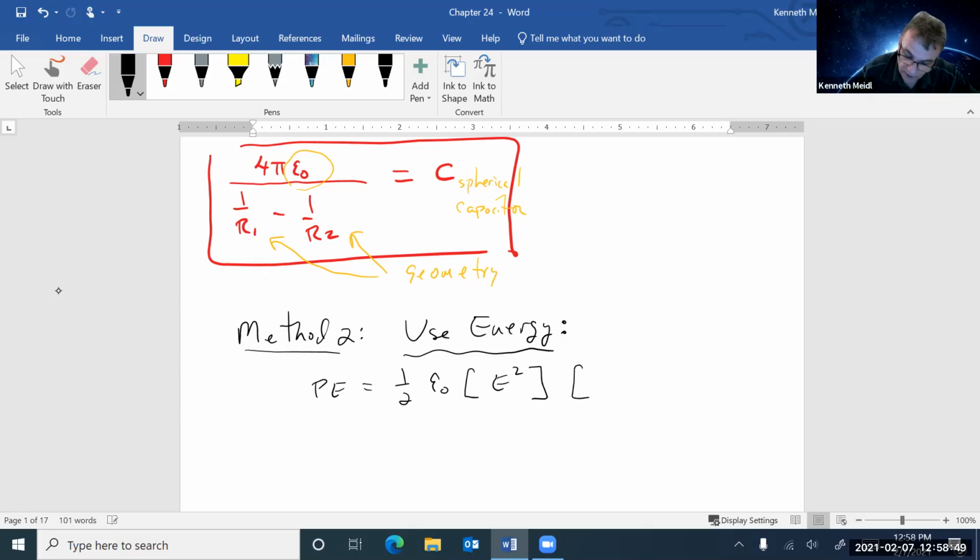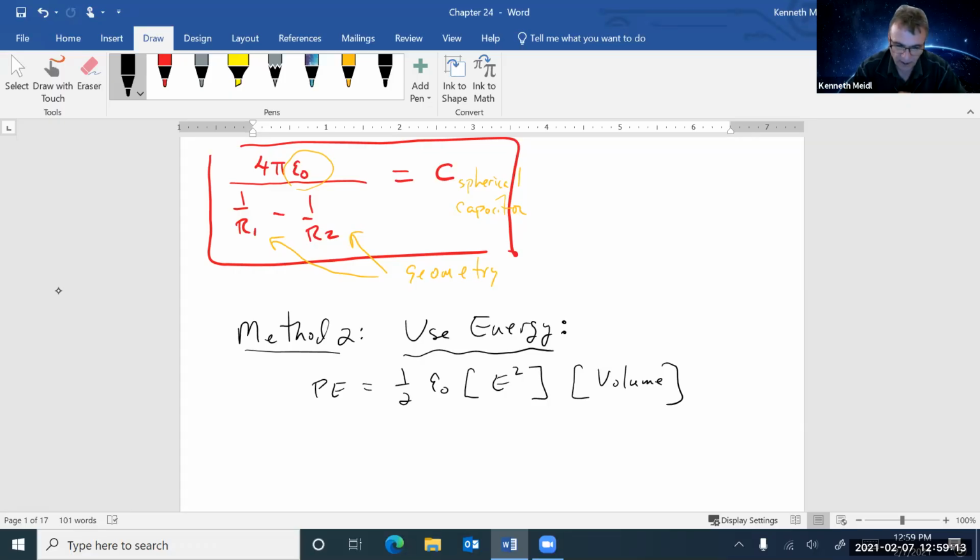And then there was the volume between the plates. And for the most part, that form of E squared times volume really works for any type of capacitor.